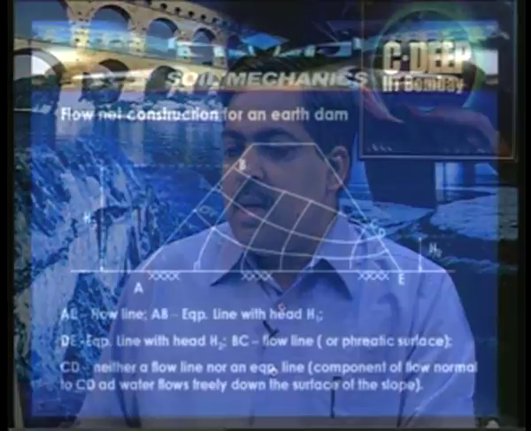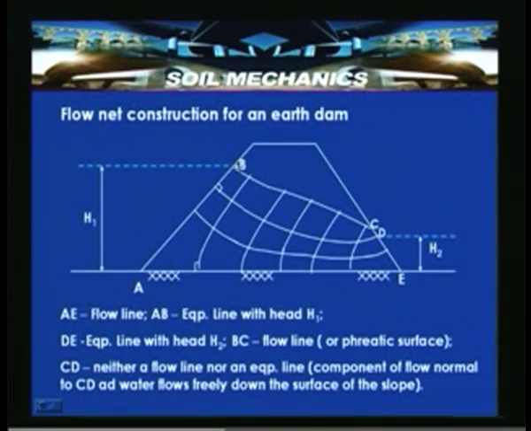Then AB is an equipotential line with head H1, DE is an equipotential line with head H2, AE happens to be the flow line, and BC is the phreatic surface, where an approximated phreatic surface has been shown here.